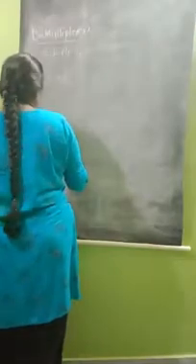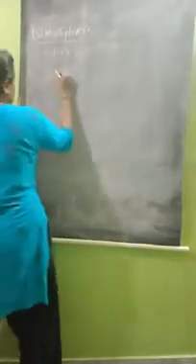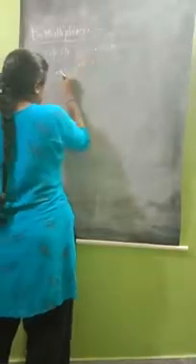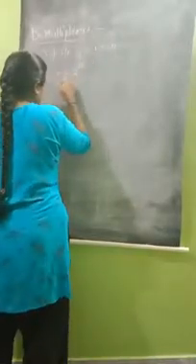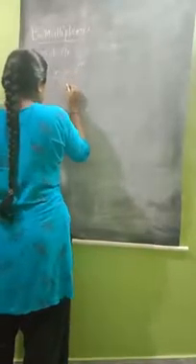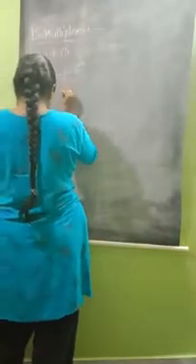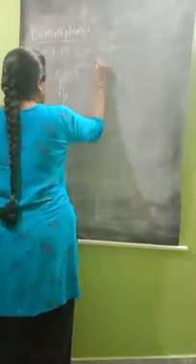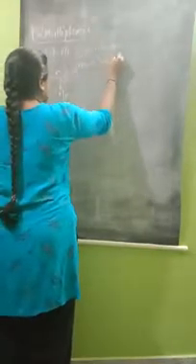Next, it is also a combinational circuit. So here n equals 2 power m. Here the input is 1, n is the number of outputs, and m is the number of select lines.